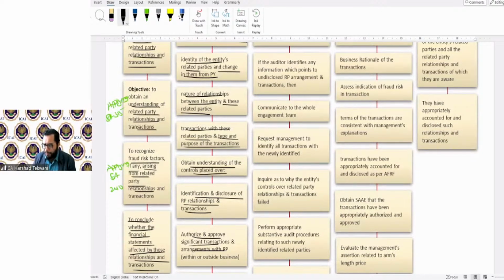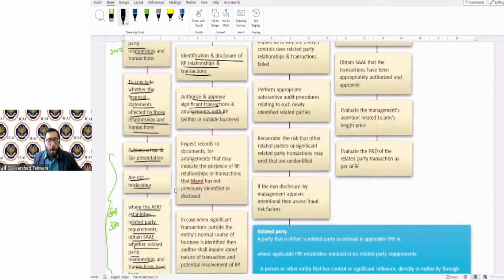But the point is that all those conditions, whatever they are in the section, signify the authorization and approval of significant related party transactions, within or outside the scope of business.